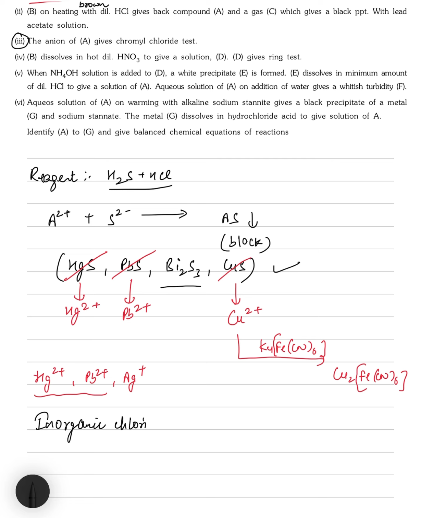In the chromyl chloride test, there are very specific ionic compounds which usually give this test: ionic chlorides like NaCl, KCl, or ammonium chloride.